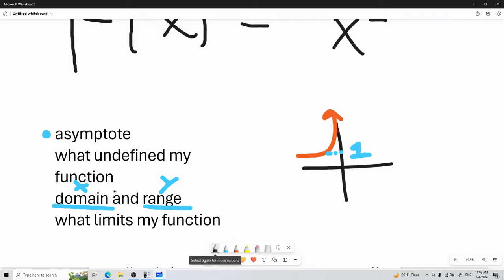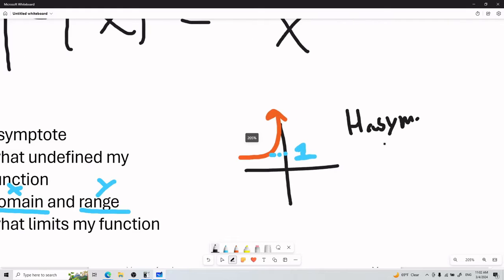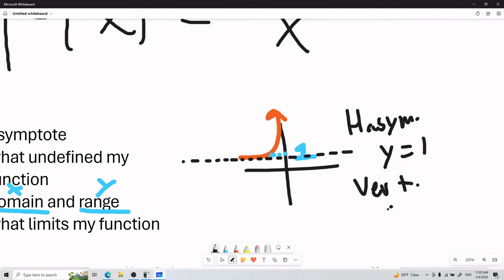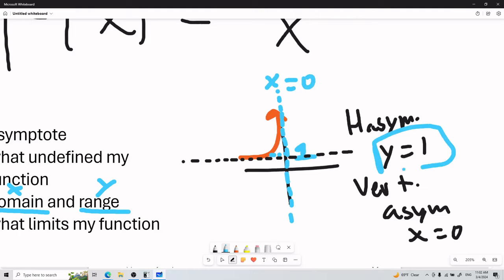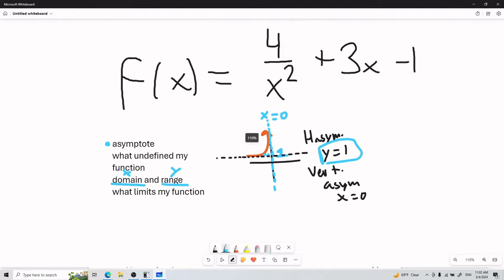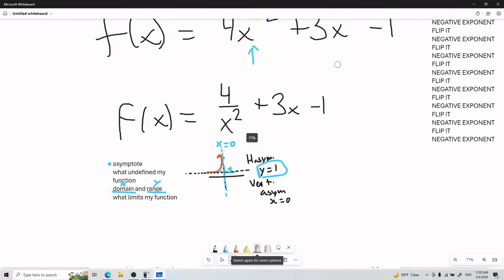Then I can say I have a horizontal asymptote at y equals 1. See, because at y equals 1, the function is never going to touch that value. You can also say you have a vertical asymptote, maybe at x equals 0, because your value of x will never touch right here. See, x equals 0, y equals 1. So that is the intuition of asymptotes. That is just a quick, like 101, see?